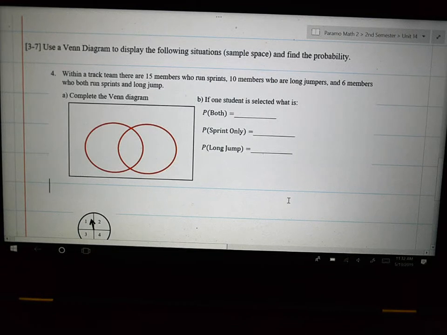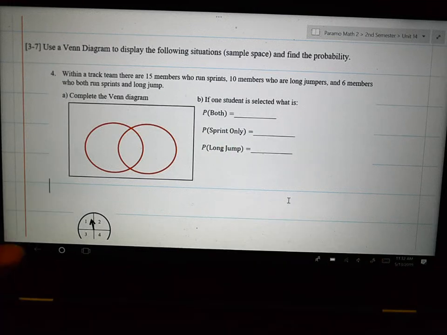Number 4 says, within a track team, there are 15 members who run sprints, 10 members who are long jumpers, and 6 members who run both sprints and long jump. Now, sometimes these things are going to be confusing. Don't freak out. Or maybe I should say, don't jump ahead of yourself and start adding up the numbers.